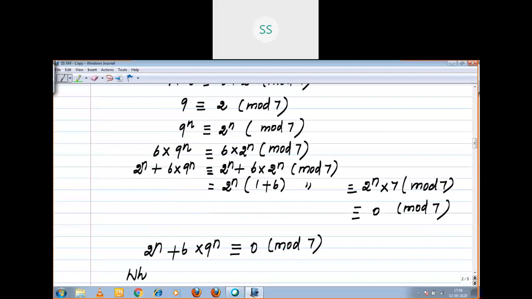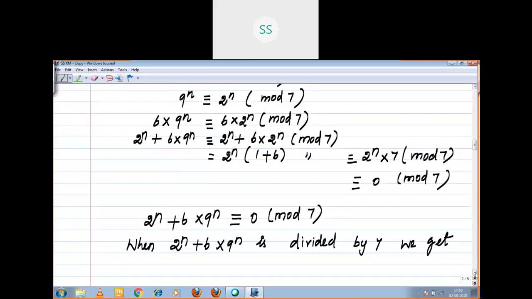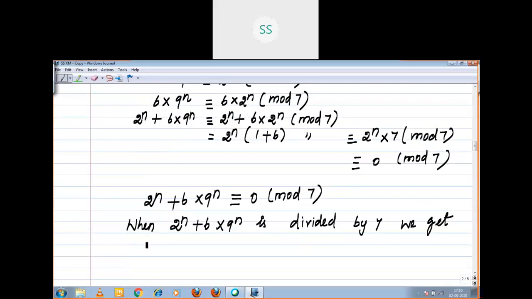When 2 power n plus 6 into 9 power n is divided by 7, we get remainder 0. When you get remainder 0, you can say it is divisible by 7.